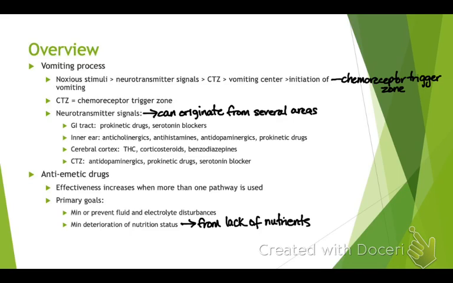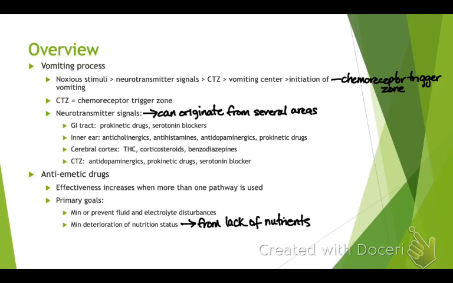So just as an overview, we'll start with the vomiting process. What is involved in the vomiting process? You have a noxious stimuli, which stimulates the neurotransmitter signals, which causes your CTZ to hit the vomiting centers, which then initiates the vomiting.